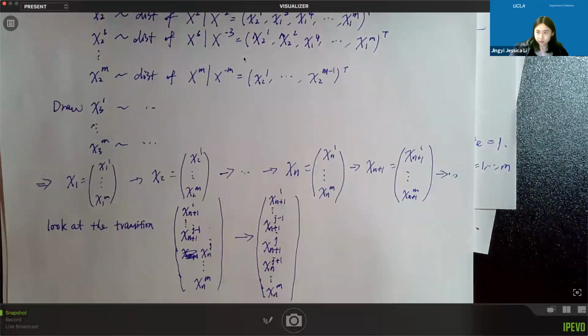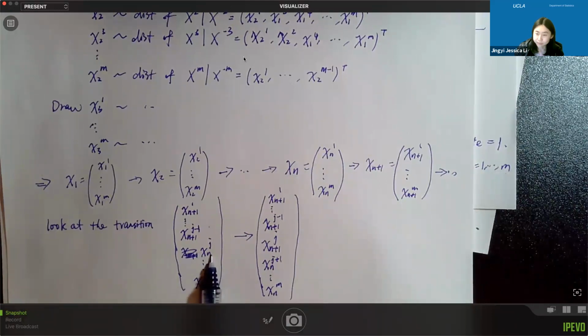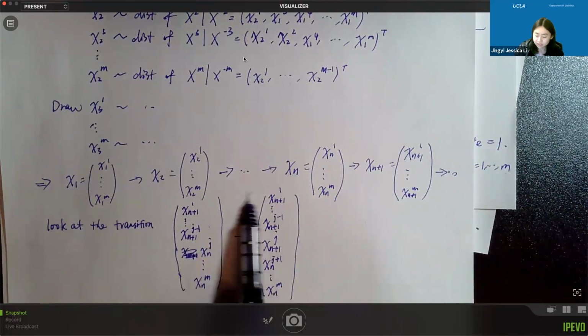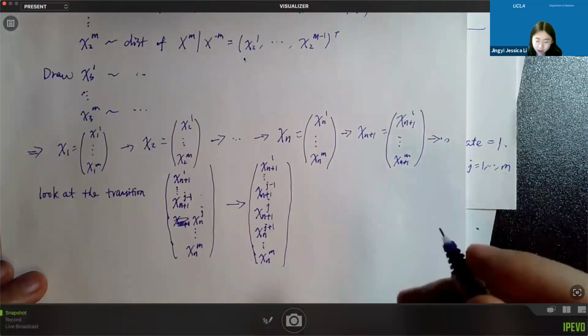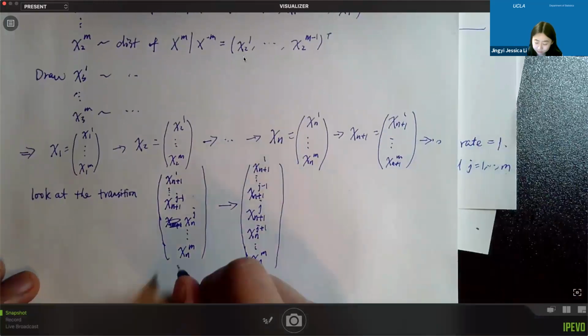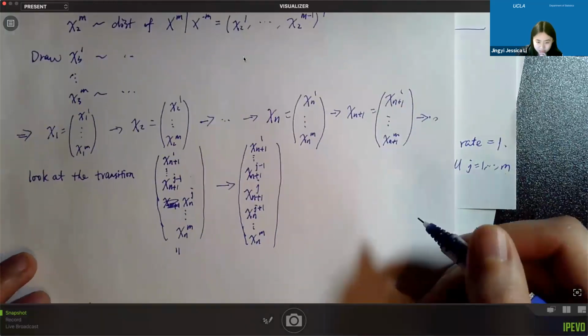So you see, what I'm showing here is a local update where I change the jth dimension from the nth value to the n plus 1 value. Other things stay the same. So basically, I just need a notation.